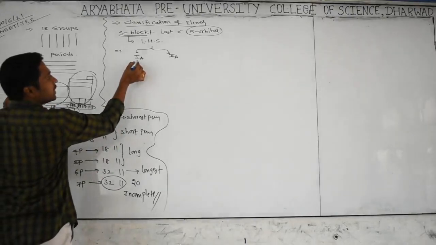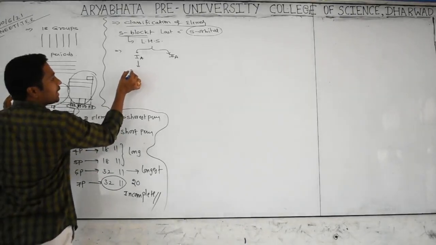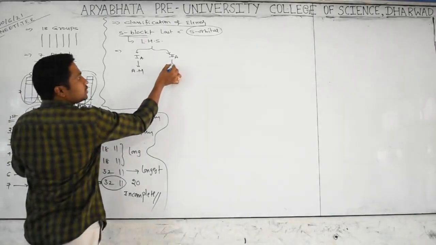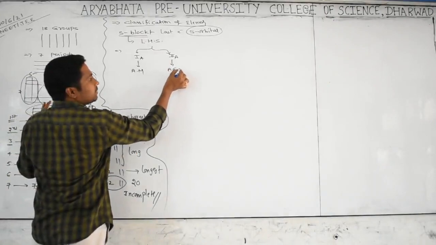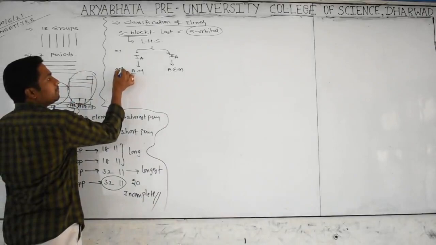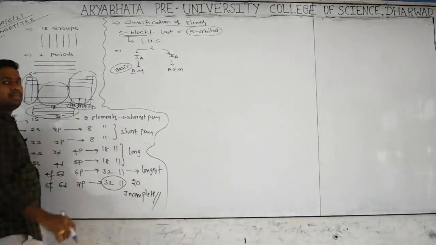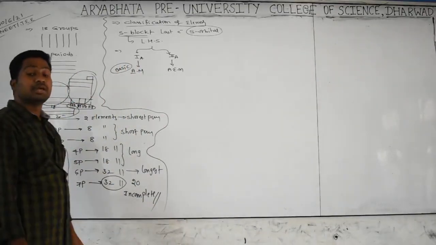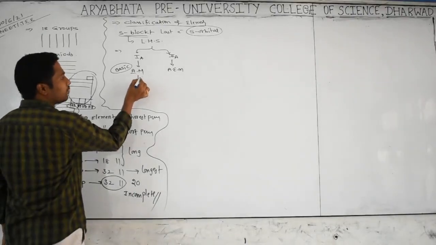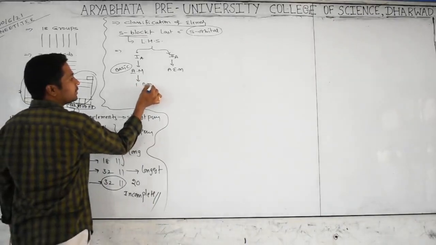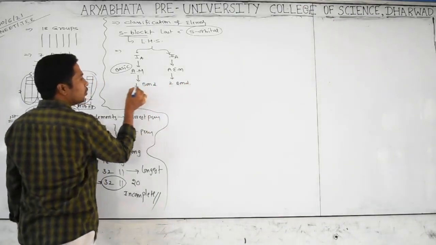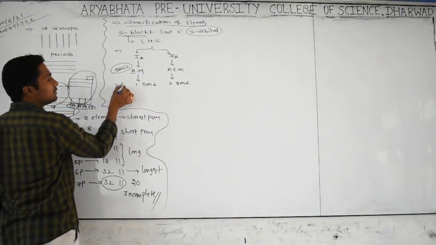The first A group elements are called alkali metals, and the second A group elements are called alkaline earth metals. Alkali means a basic character. When these elements' oxides dissolve in water, they give a basic compound. The first group elements can form only one bond, and the second group will form 2 bonds, which is nothing but valency.